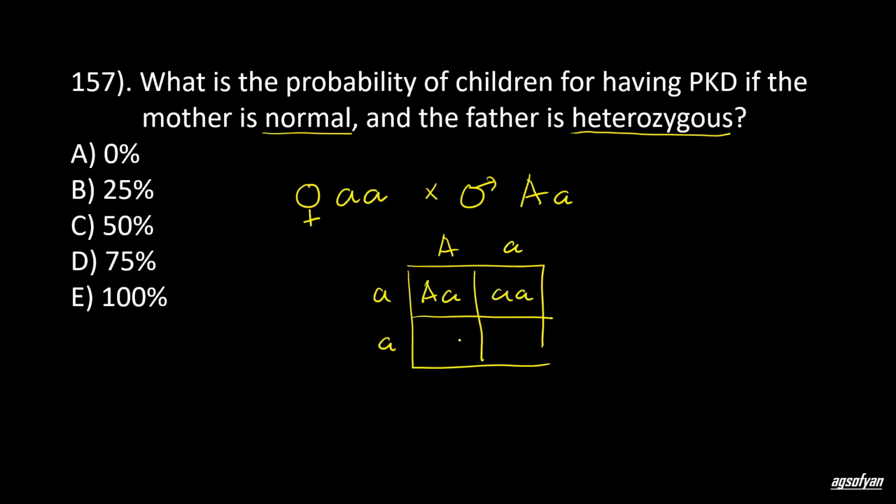This is normal, heterozygous, normal. So 50% normal, and the other 50% will have the disease. So it's going to be 50% of the children.